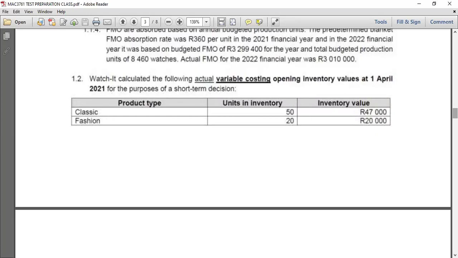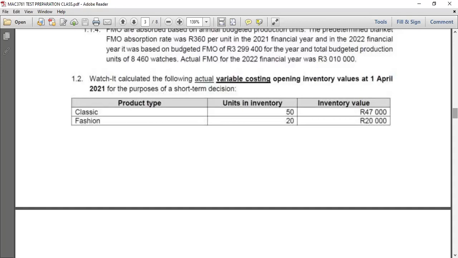So you should know that these opening inventories are calculated based on variable costing, that is direct costing, but they are applying absorption costing. So what does that mean? It means we also have to add the fixed production overheads to these values to arrive at the opening inventory values according to absorption costing.